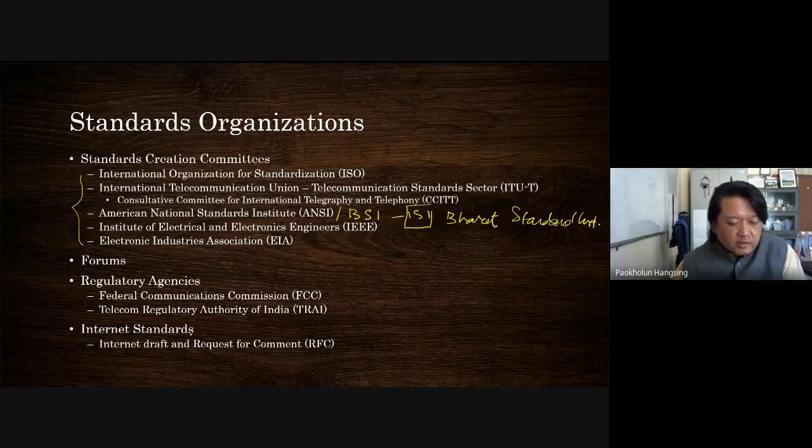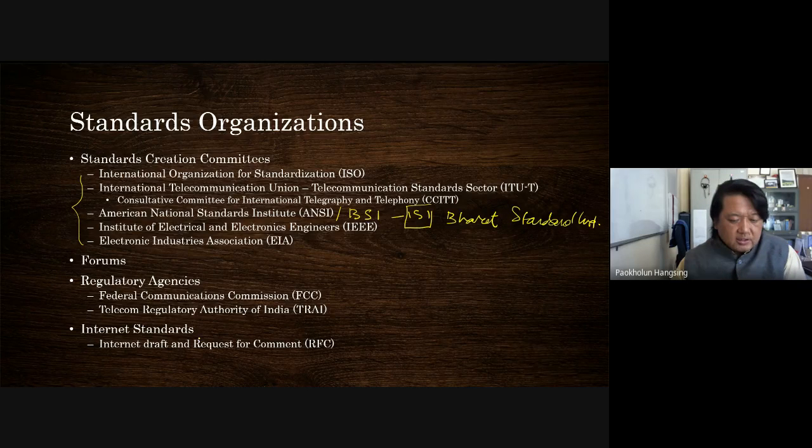For example, an internet draft may be put up for a new standard to be used in the internet. It may be put up as a draft, which is a working document or a work in progress. So that draft will be worked upon to review it and then re-edit it.